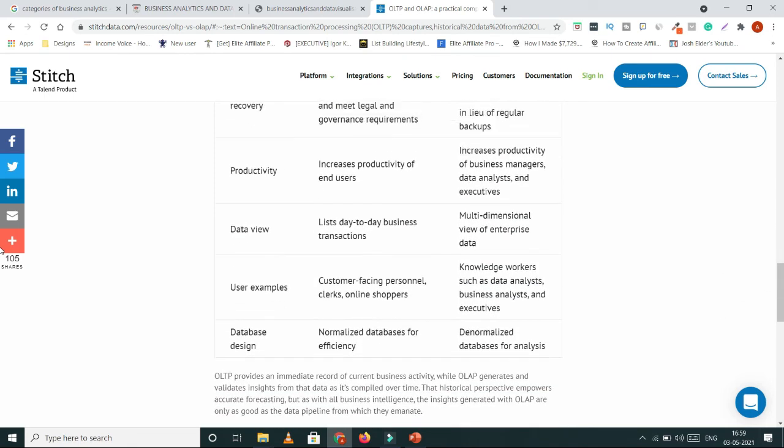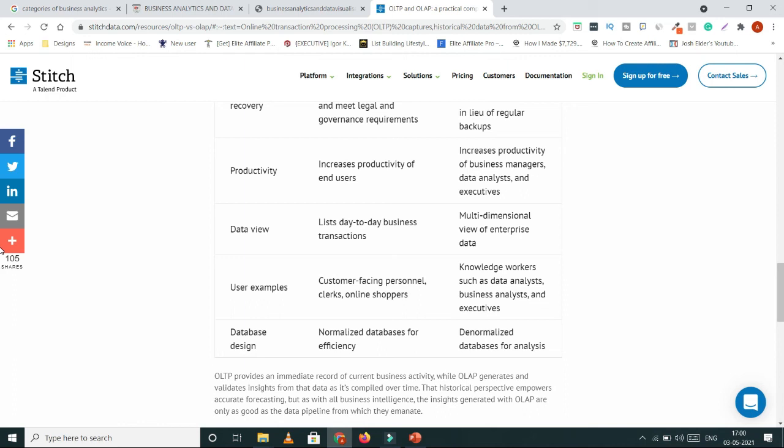Productivity: OLTP increases the productivity of end users, and OLAP increases the productivity of business managers, data analysts, and executives by giving the results. OLTP lists day to day business transactions, and OLAP gives a multidimensional view of enterprise data.